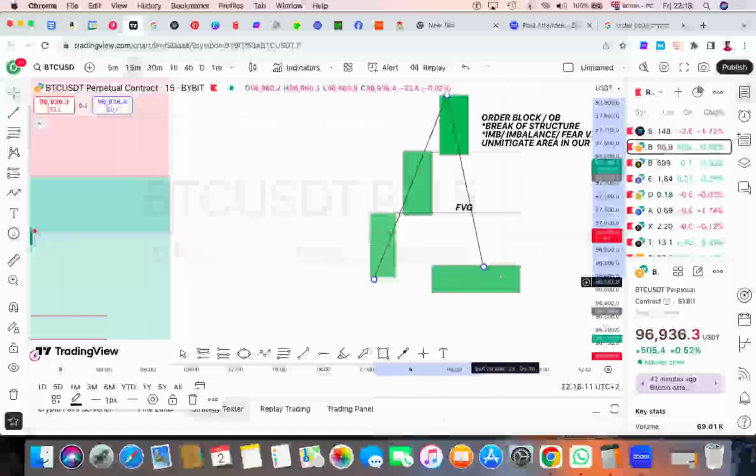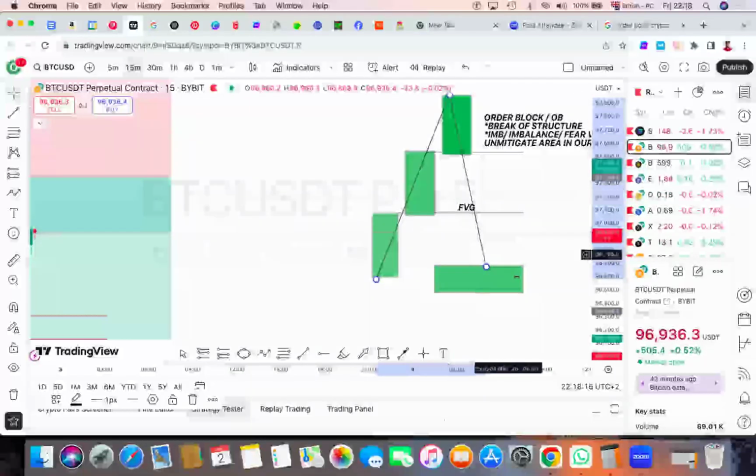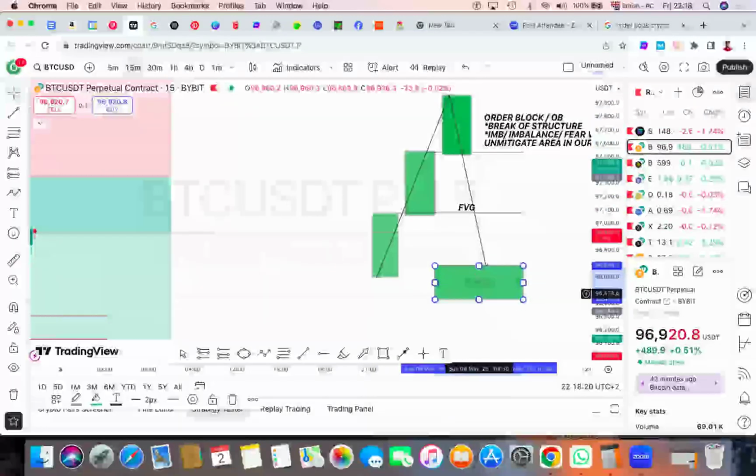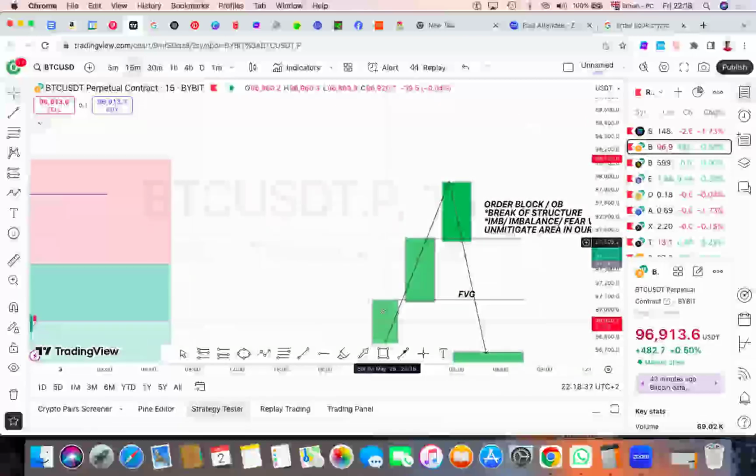So now you know that for you to have a valid order block, which will be in here, right? You have to have a break of structure. So the market will have to break a recent high that the market has created. So let me shift this. The market would have to do something like this.